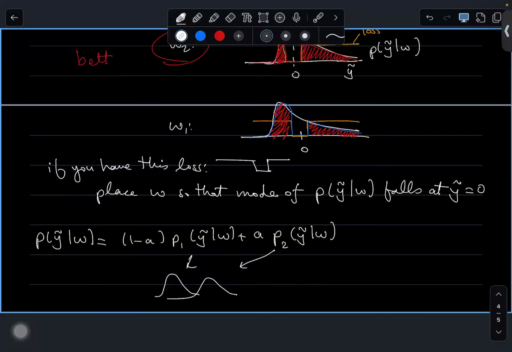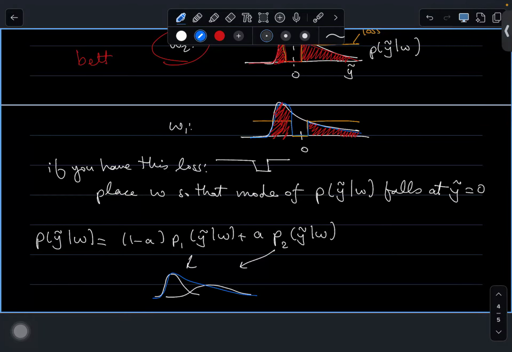So when I sum them, maybe P2 looks like this. So when I sum them, the total becomes something like this, skewed, basically a skewed distribution.